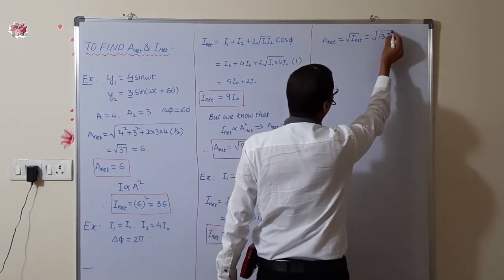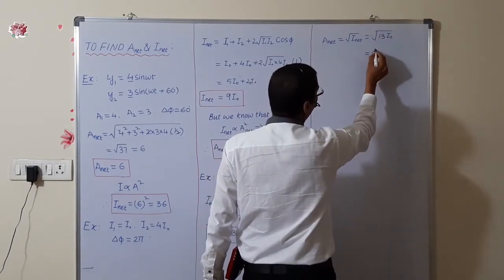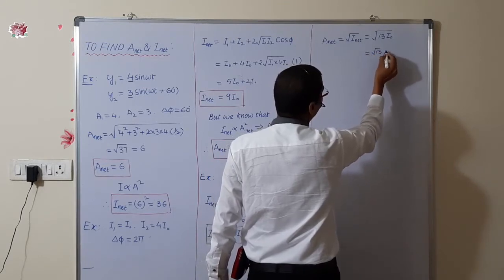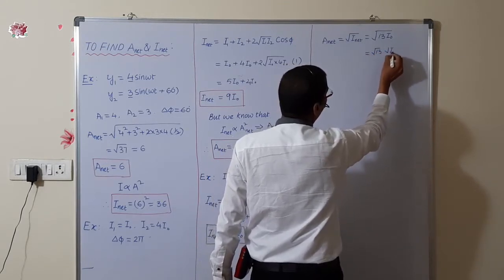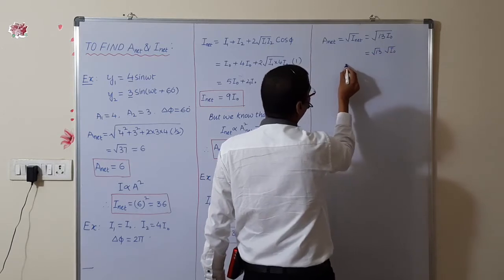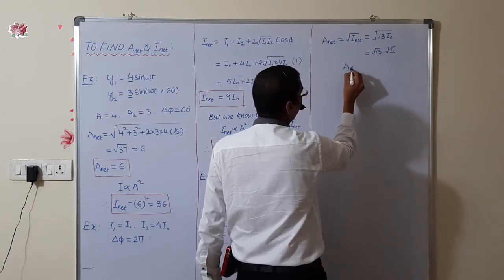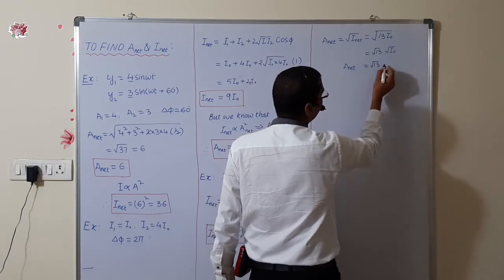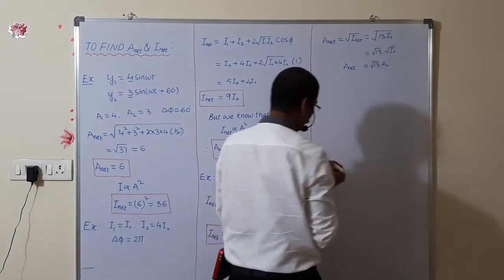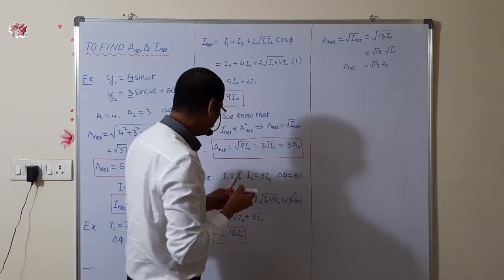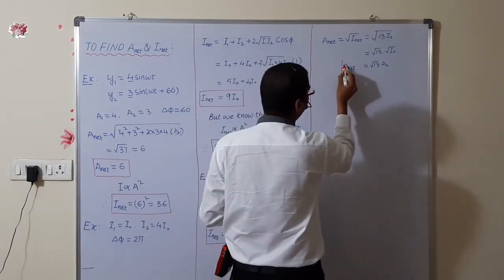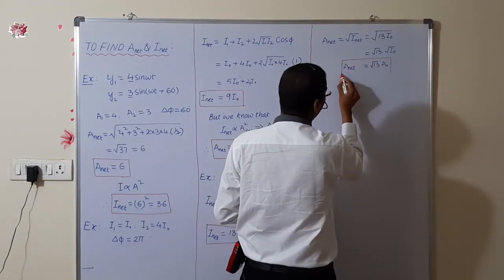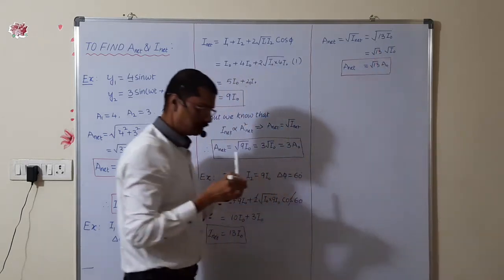This value we can write as root 13 into root I naught. Then A net is equal to root 13 into A naught. This is the way to find the I net and A net by using the phase difference.